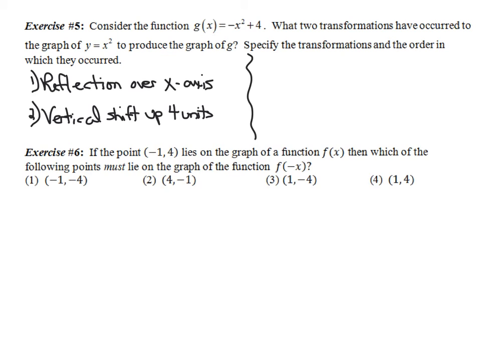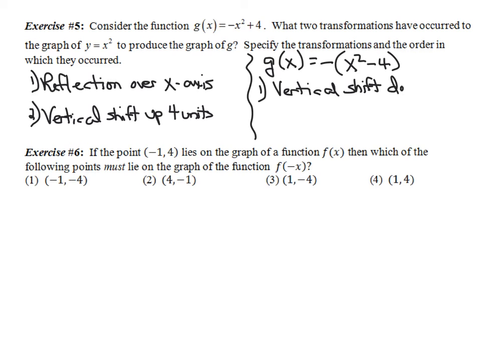Alternatively, we could take our function g of x and we could write it in a different way. We could say that g of x is the negation of the function x squared minus 4. So in this case, we want to pay attention to what is inside the parentheses first. So our first transformation in this case would be a vertical shift of the parent function x squared down 4 units.